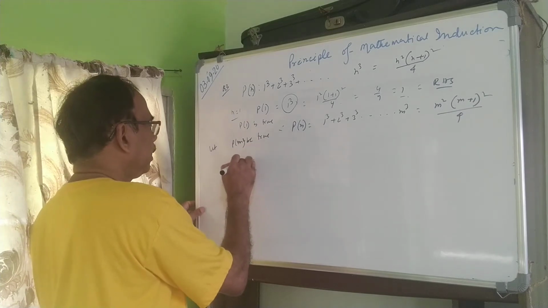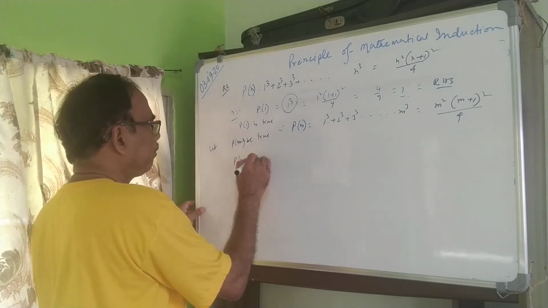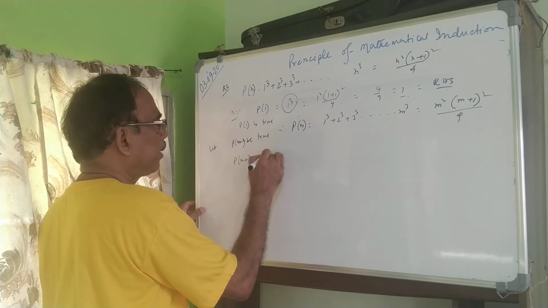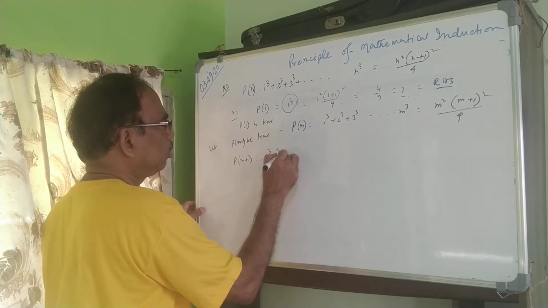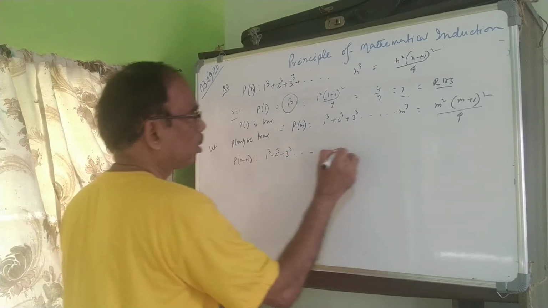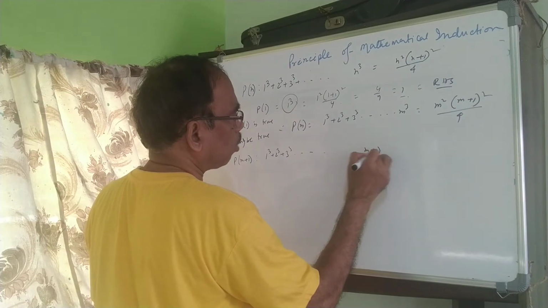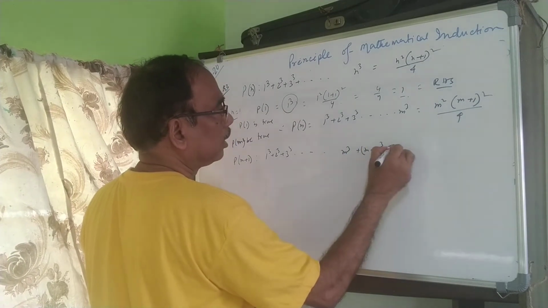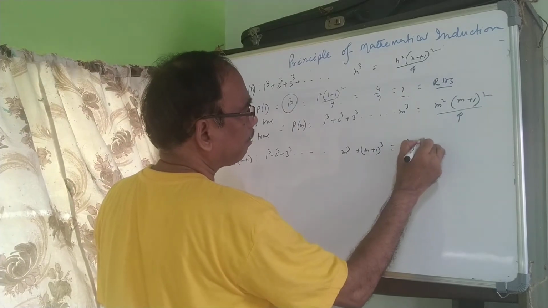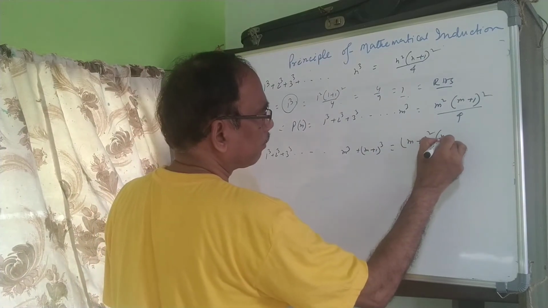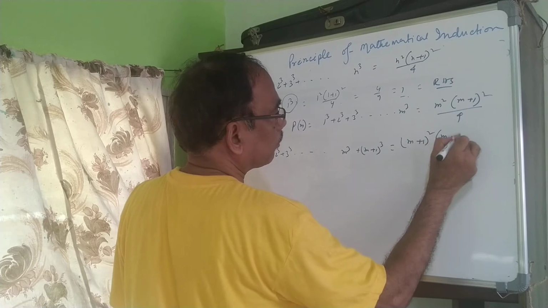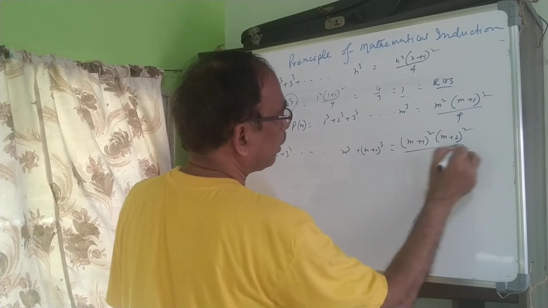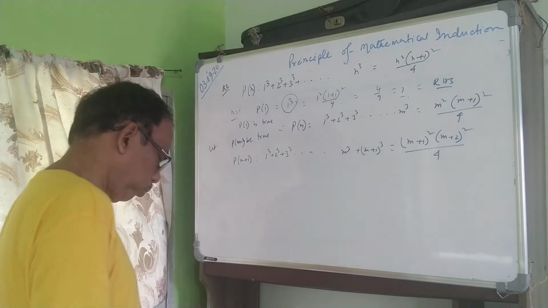Therefore Pm plus 1, we can write 1 cube plus 2 cube plus 3 cube plus dot dot dot plus (m plus 1) whole cube. Its previous term will be m cube. This equals (m plus 1) whole square (m plus 2) whole square by 4. We have to prove this.